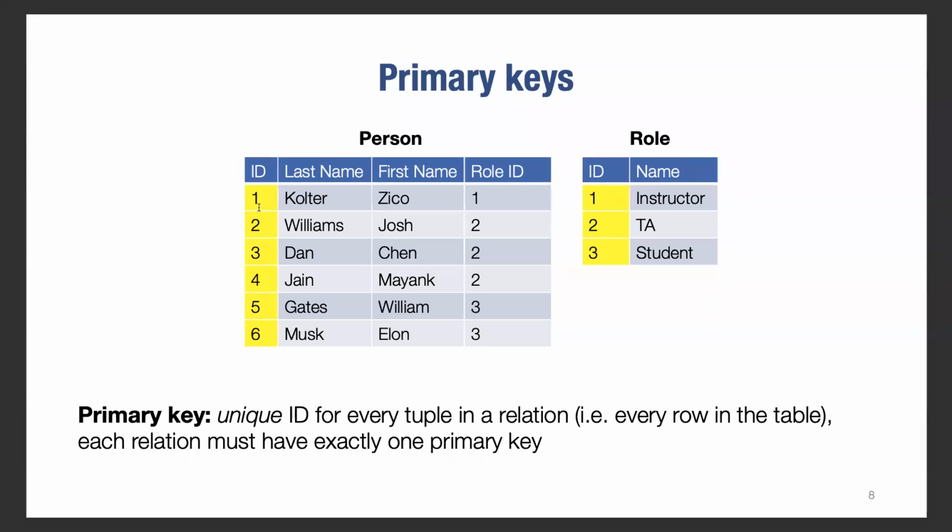So in other words, the ID column here is the primary key. You can see that they are all different. In this table, you could have two different people bearing the name Zico Coulter, with the same last name and first name. But what separates them is going to be their ID. That's the way you know that that's a separate person, and that's the beauty of the primary key. That is its primary function.